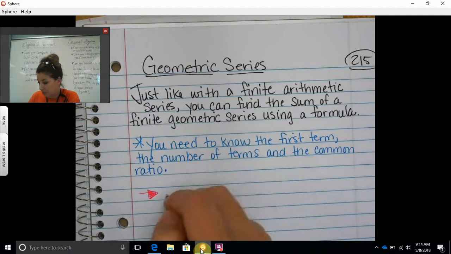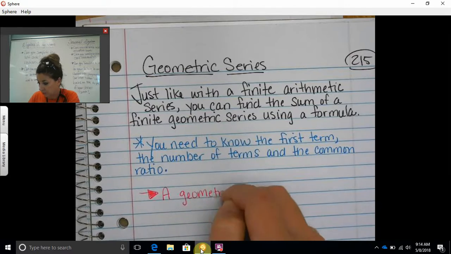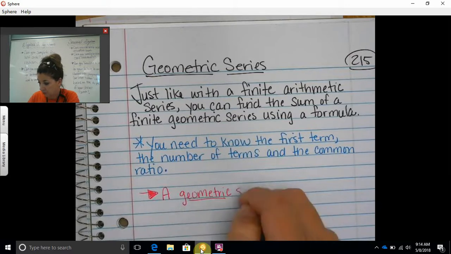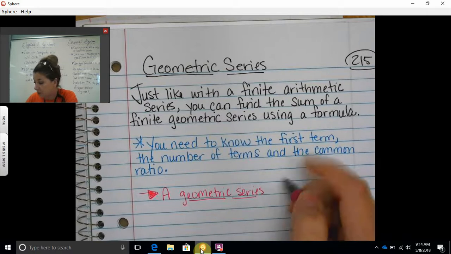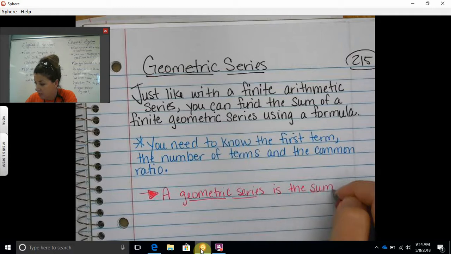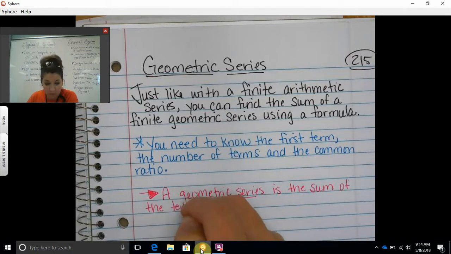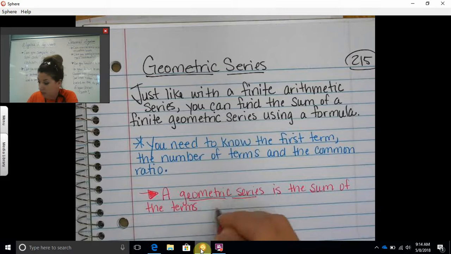A geometric series is the sum of the terms of a geometric sequence.